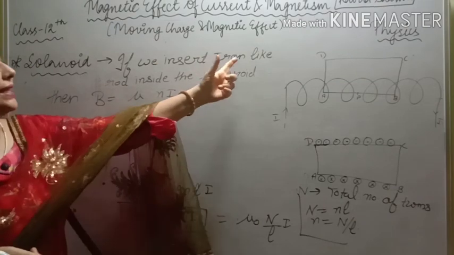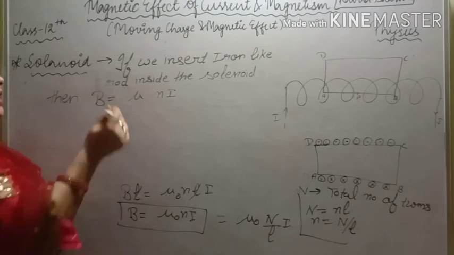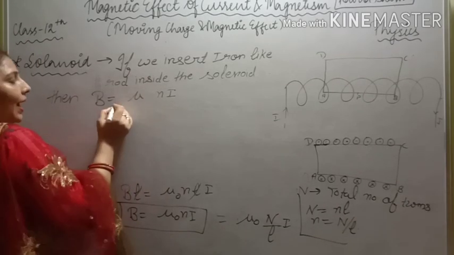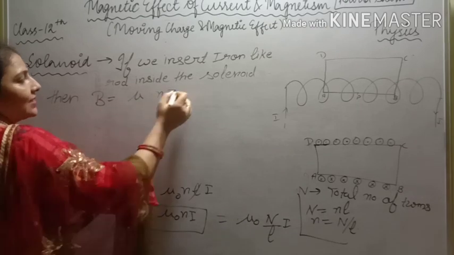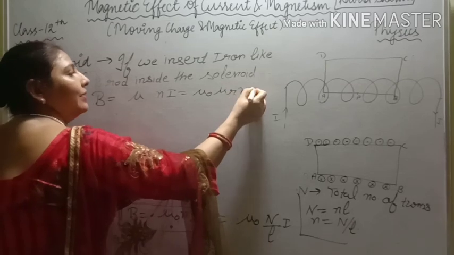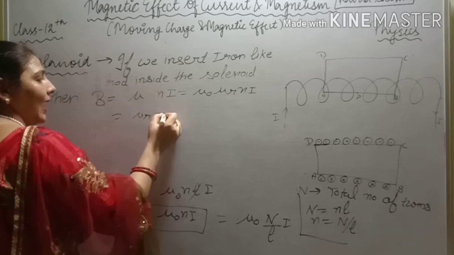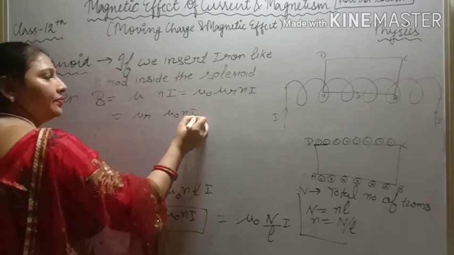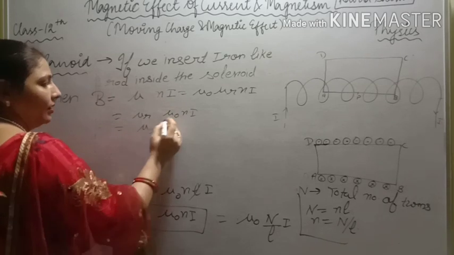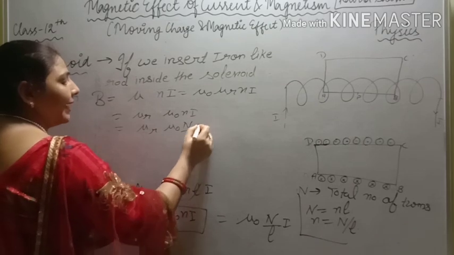If we insert the iron like rod material, then B equal to mu n I. म्यू क्या है, आपकी परमेबिलिटी ऑफ दी मटेरियल. ओके, अब परमेबिलिटी ऑफ दी मटेरियल इसको क्या लिख सकते हैं आप, म्यू नॉट इंटू म्यू आर एंड आई, and also we can write mu r mu naught n I. Okay, and also mu r mu naught capital N divided by L I.